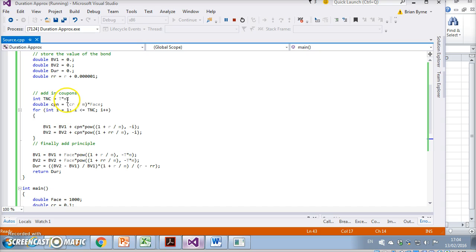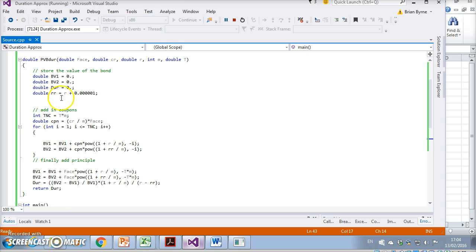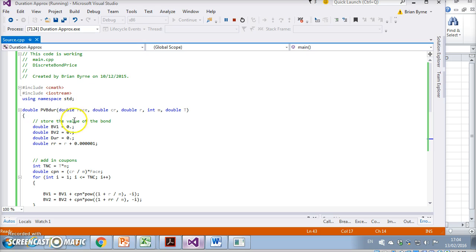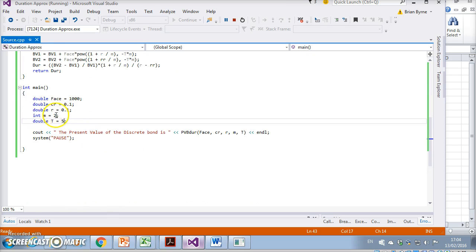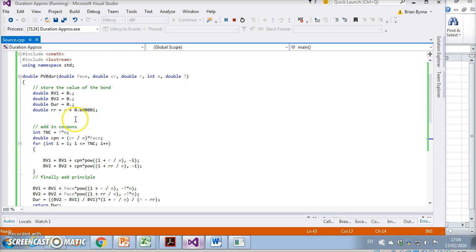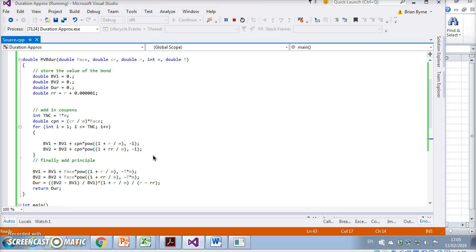So if t is 5 and m is 2, that's 10 periods. So we discount the coupon payments for the given number of periods, 5 years, but payments being made twice a year. And likewise, we discount the second bond, but at RR instead of R.